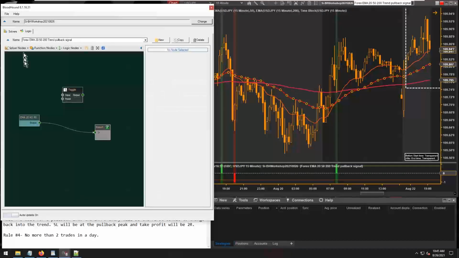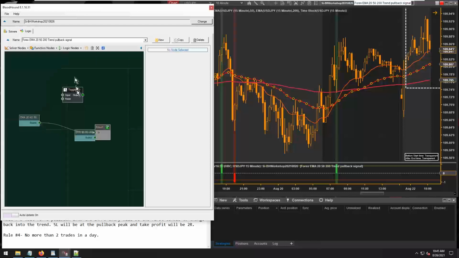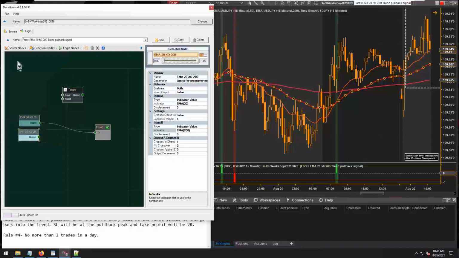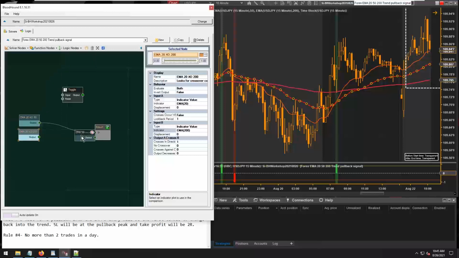So there. All right, so now let me put those new crossover solvers on the board. So we're going to go to existing nodes, and there's those two new ones there. All right.